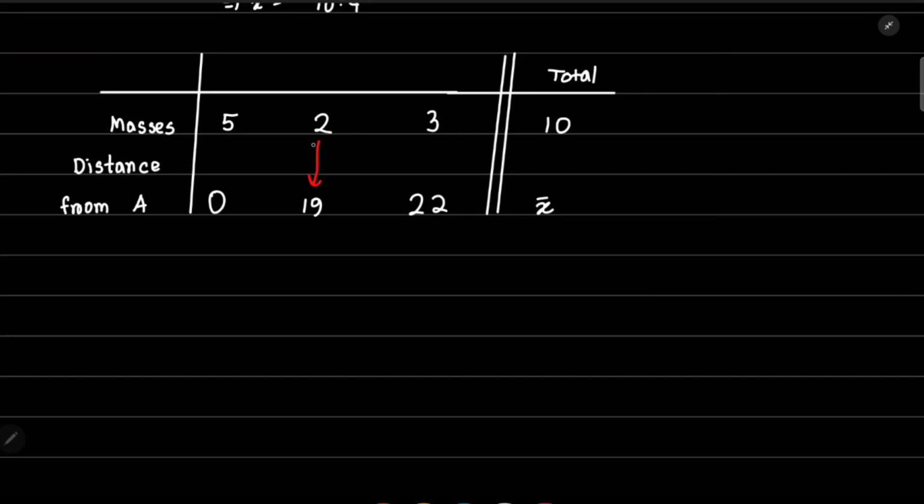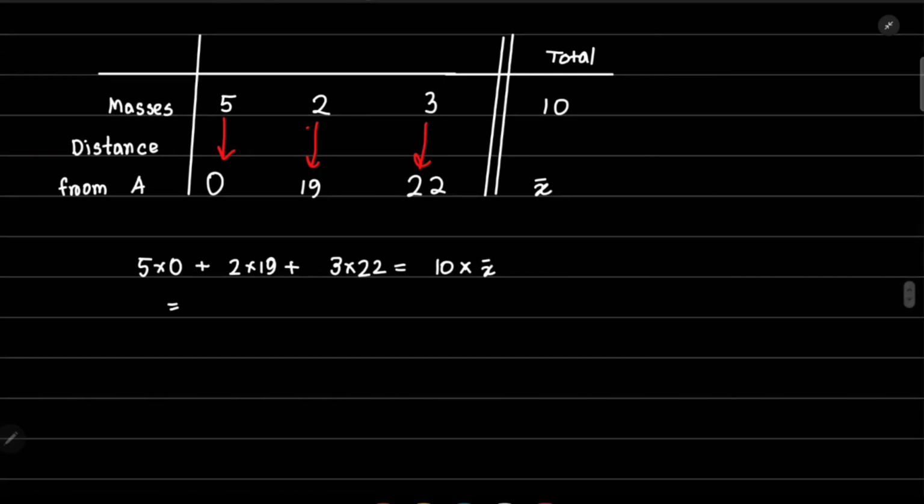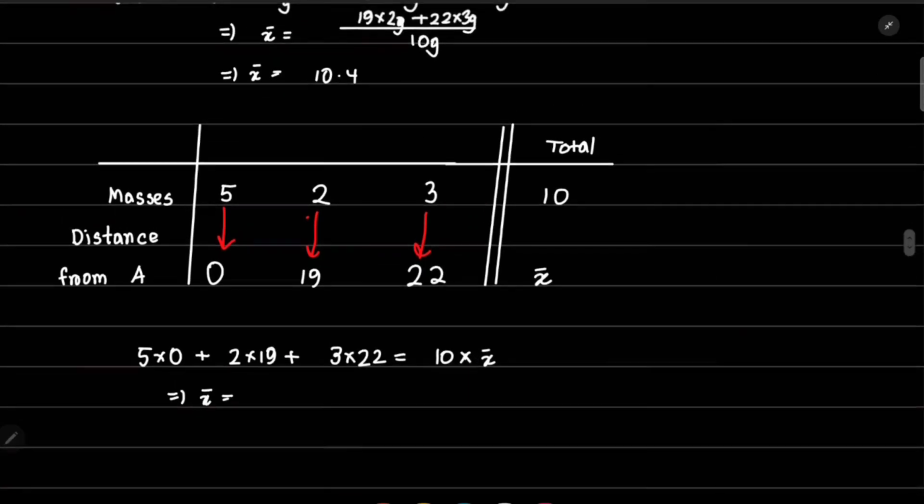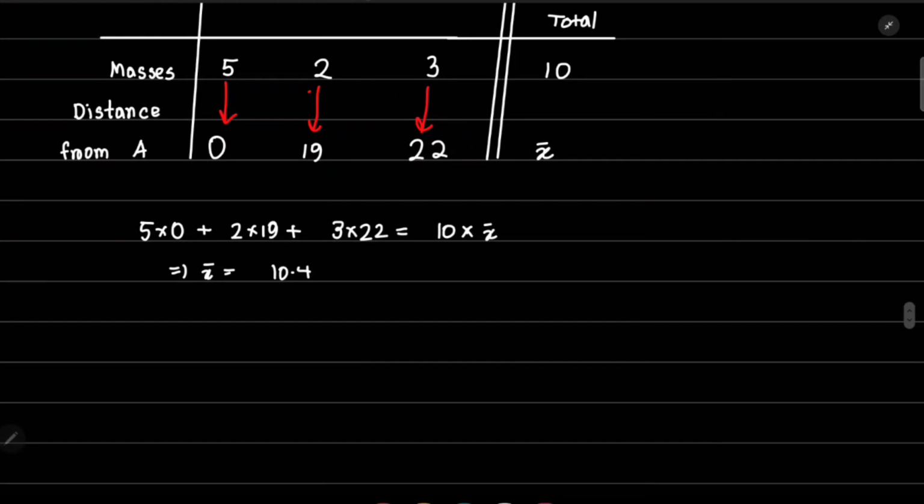We'll multiply this with this, this with this, this with this. So 5 into 0 plus 2 into 19 plus 3 into 22 is 10 into x bar. We'll get the same value of 10.4.